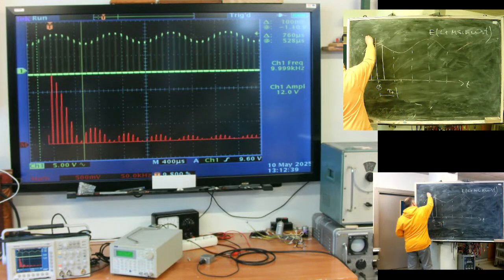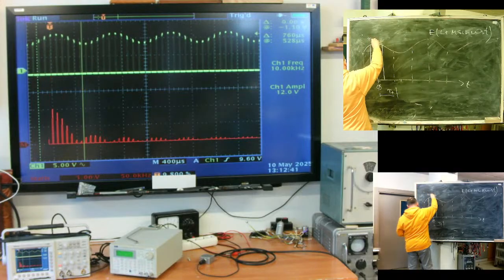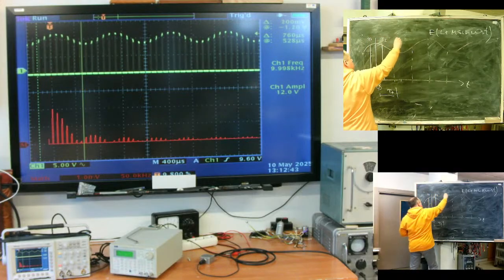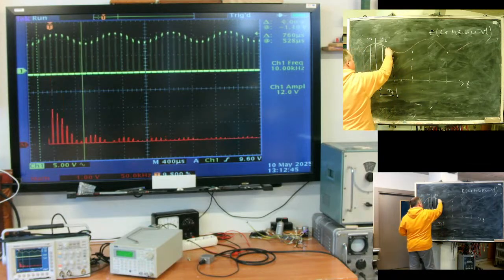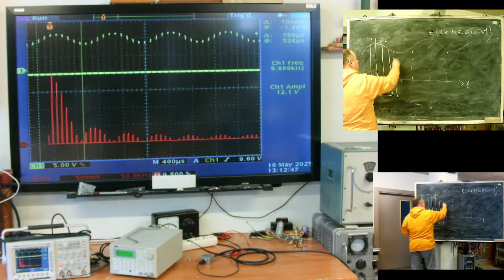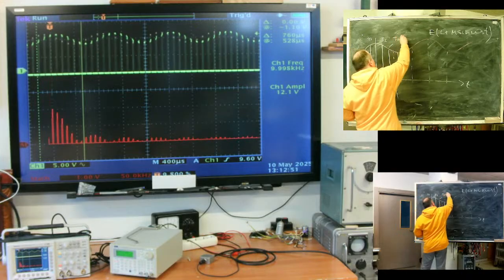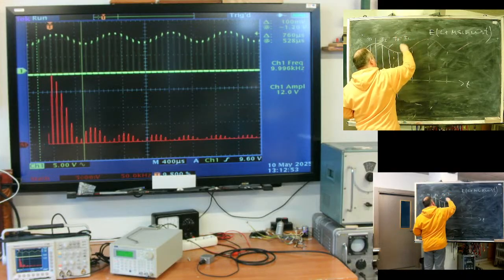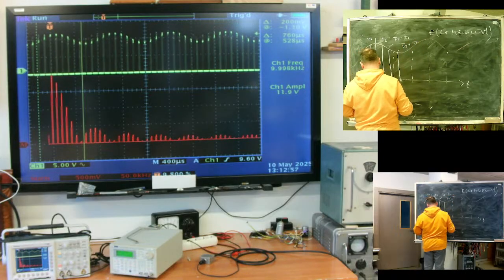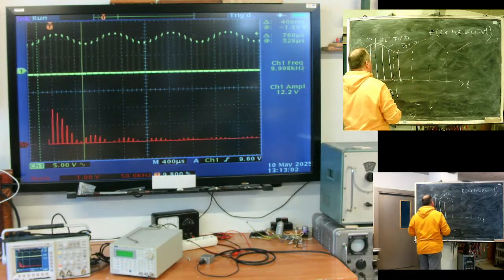This is tau 1, tau 2. Here will be 2. Plus.